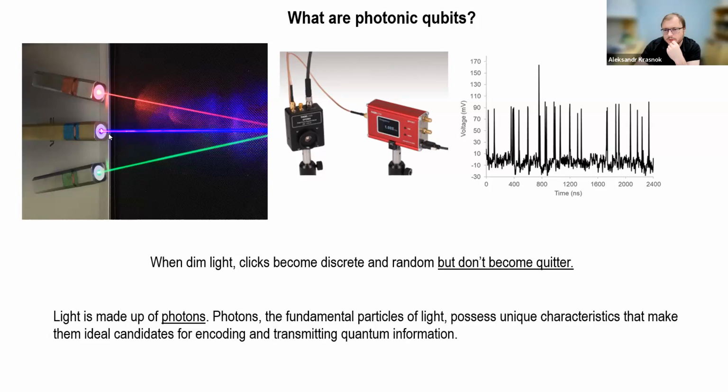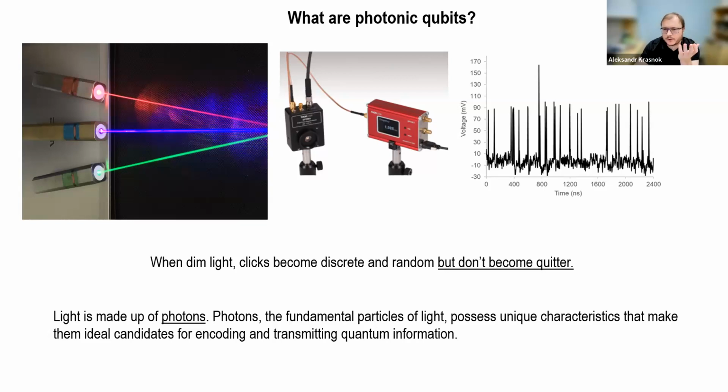And maybe another characteristic is that the quantum state of light, as we will discuss, can be preserved for a very long time. Okay, so for example, if we encode the quantum information in the state of the polarization of a photon, this state of polarization can last for minutes, hours, or even maybe days.